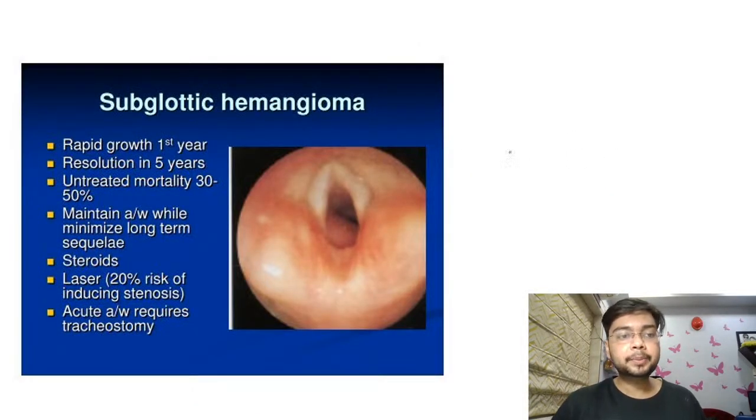So again, their rapid growth is in the first year, resolution by 5 years, many a times they resolve also. And the main thing is to keep the airway patent for the child. So with laser, there is a 20% risk of inducing stenosis, so using laser might cause subglottic stenosis, and in acute cases tracheostomy might be required.